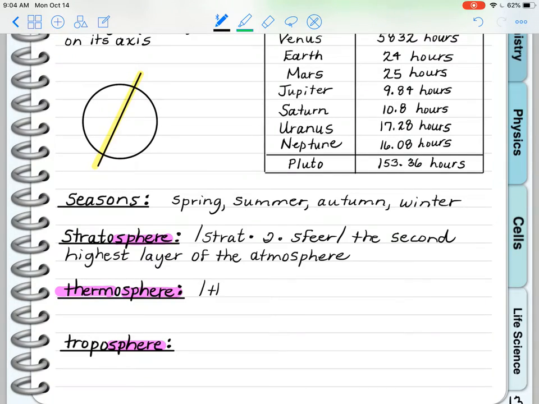Thermosphere. Therm means heat. So thermosphere is the fourth highest layer of the atmosphere. So if you're on the earth looking up, you go 4 layers out and you have the thermosphere.